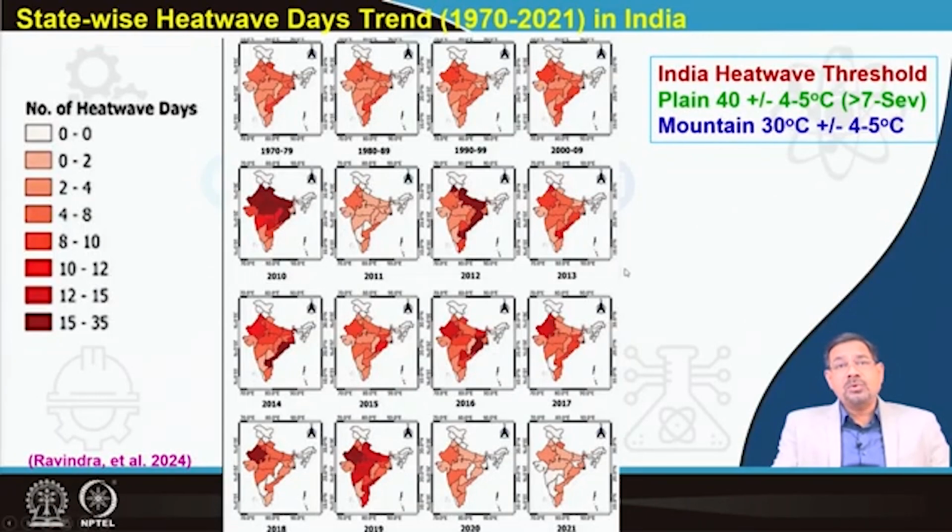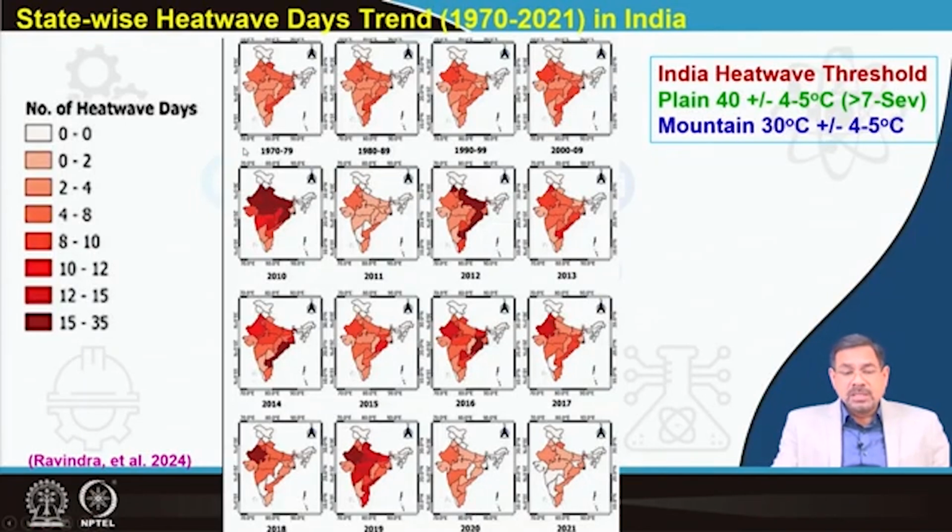Even if you go to 2012, in these areas it has gone up as in 2010. And similarly, you can see the extreme upper left is 1970 to 79, then the second upper row is between 1980 to 89, and then 1990 to 99, and 2000 to 2009.